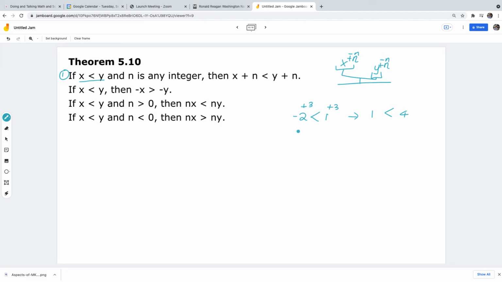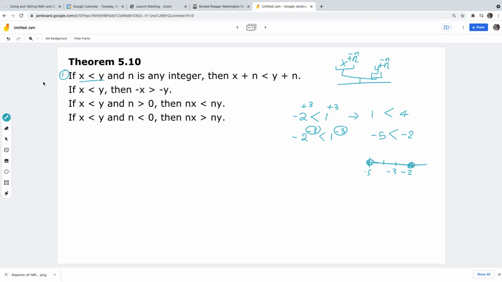Even if you are adding a negative number on both sides, what happens? Negative 2 minus 3 is negative 5. 1 minus 3 is negative 2. Which one is greater? For negative numbers, the one with the smaller absolute value is greater because it's on the right hand side. Negative 2 is there, negative 3, negative 4, negative 5 is here. So negative 2 is greater than negative 5, right?